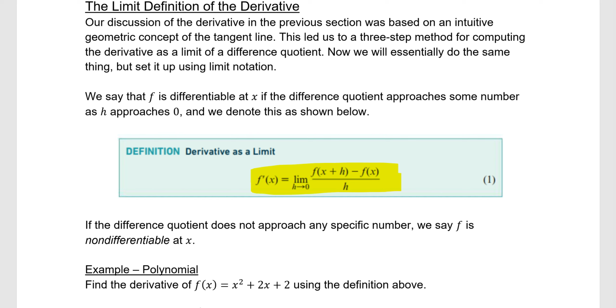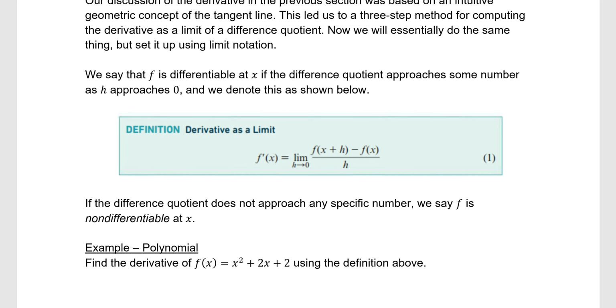So what we're going to be doing is taking the derivative using this method with limits, and our goal is going to be to plug in a 0 for h because that's what h is approaching. We can't do it right away or else we'll be dividing by 0 in the denominator. So we're going to have to simplify until we're able to plug in 0 for h.